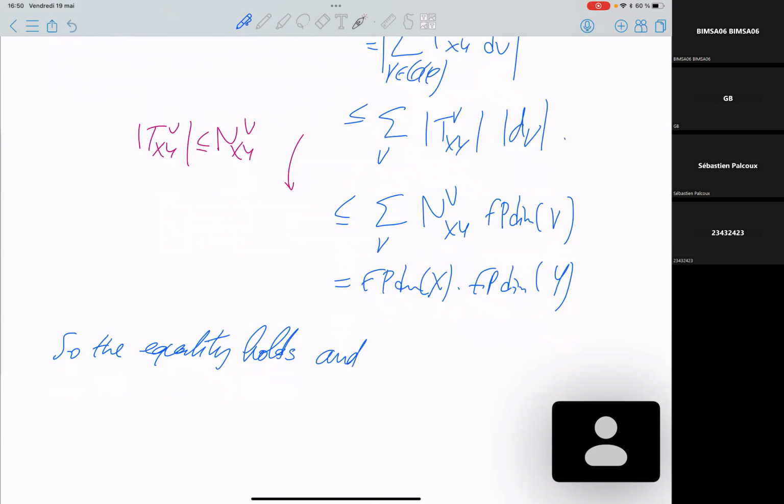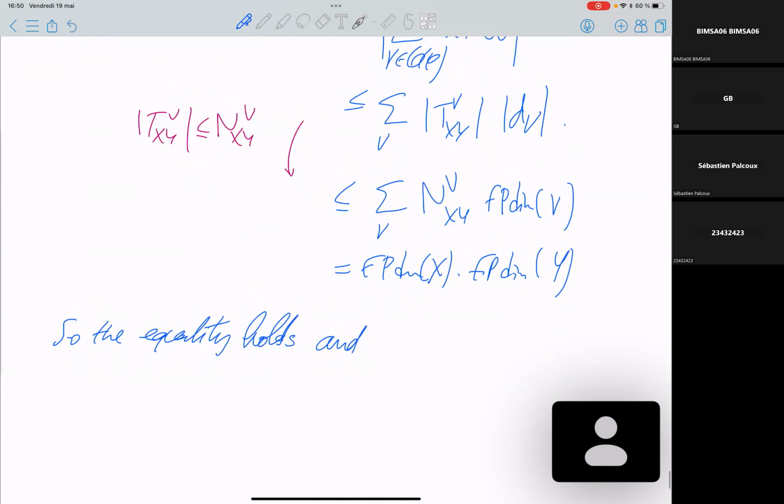And the absolute value of txyv, by positivity, in fact, must be nxyv.